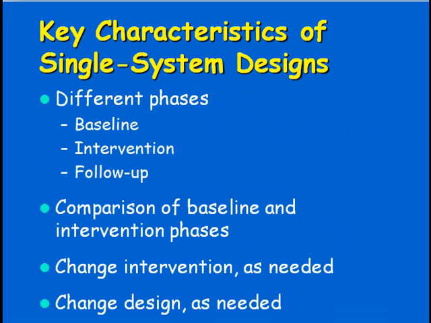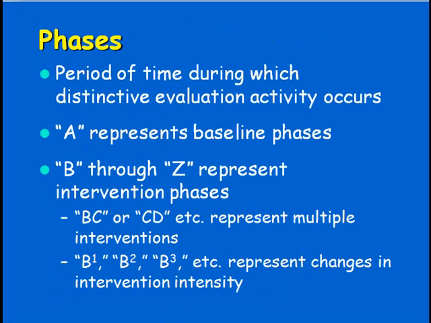Key characteristics, we'll talk about all these: different phases, comparison of baseline and intervention phase, and then when you need to change your intervention and design, which depends on how your client's doing.